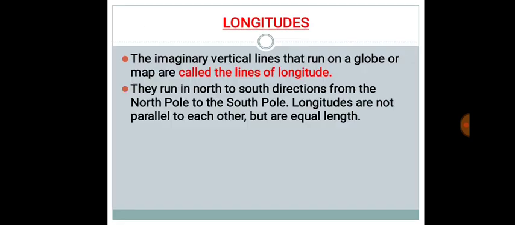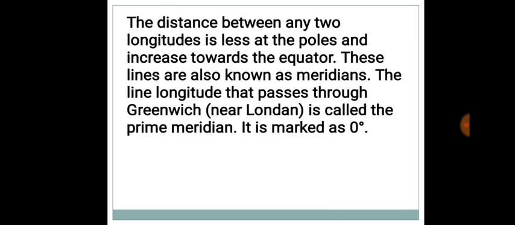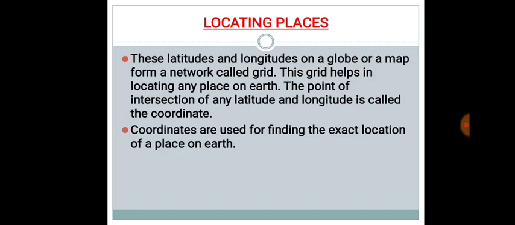Now our last point is locating a place. So how do these latitudes and longitudes on a globe or a map form a network called a grid? This grid helps us in locating any place on earth.